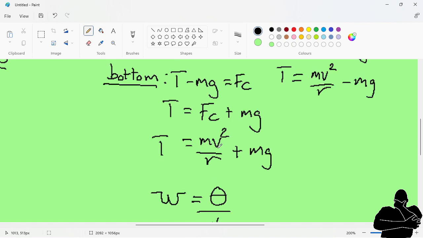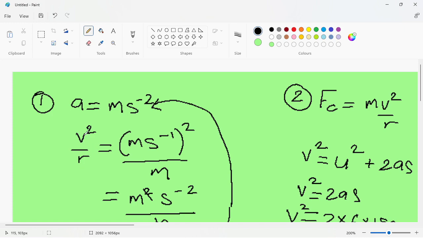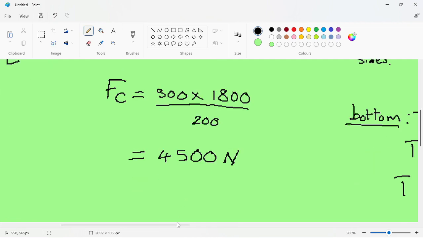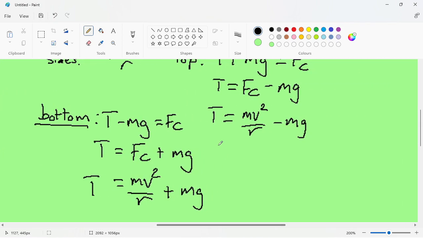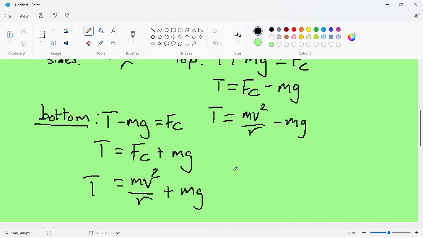Now let's get back to this part. This part has mv squared over r, and we previously said that v squared over r was equal to centripetal acceleration. How do we convert centripetal acceleration to a form that incorporates omega? Well, we know that v is equal to r times omega.